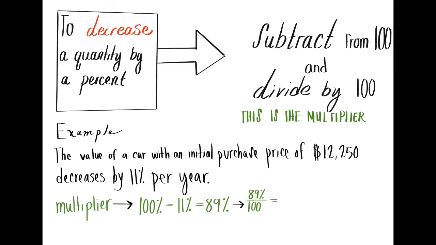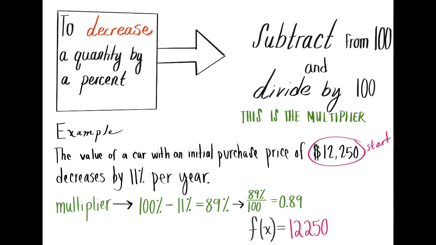Divide that percentage by 100 to get rid of the percent, and we get 0.89. That's our multiplier. Our starting amount was 12,250, so it'll be 12,250 times 0.89 to the power of x. And that would be the function that describes how your car is losing value by 11% every year.